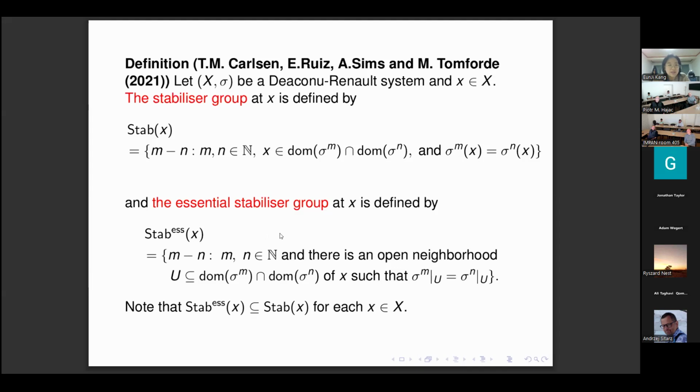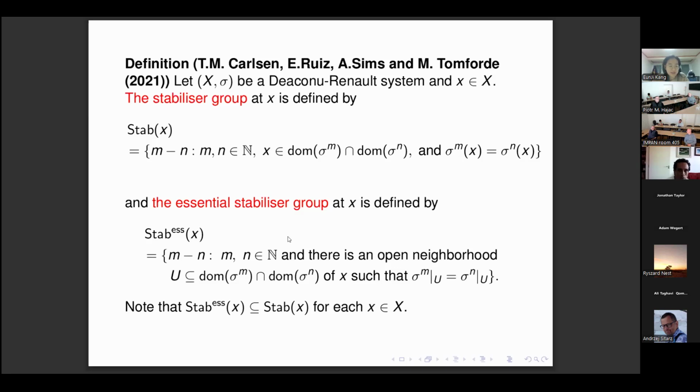You mean, why, because the stabilizer and essential stabilizer were defined before, but now we have a definition which looks like a characterization of the stabilizers and essential stabilizers for the Deaconu-Renault system. Yeah, so why is that a definition, but not a proposition?